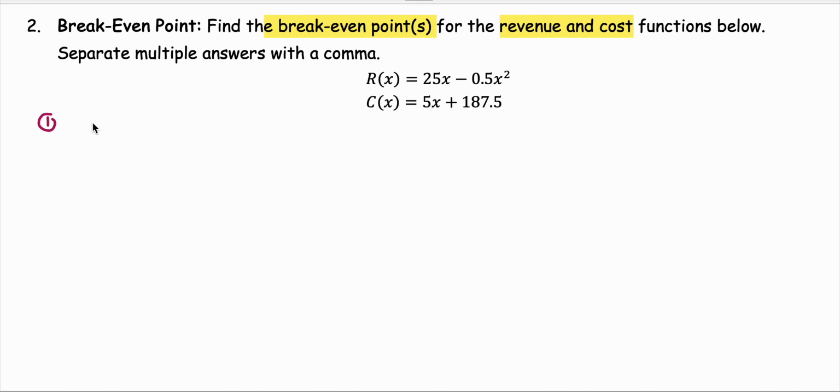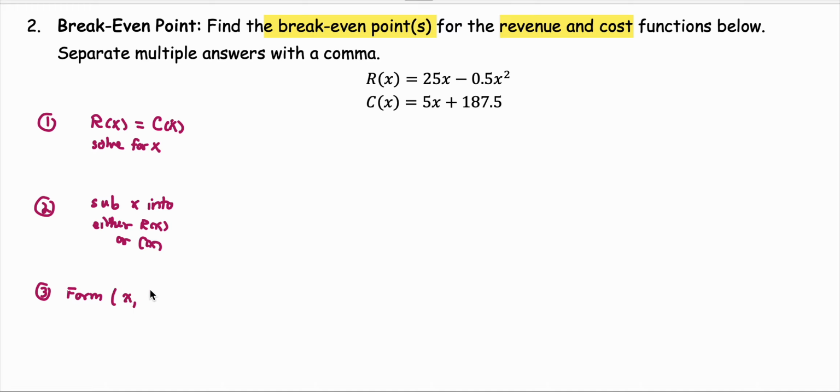Number one, we're going to solve for x by equating C and R, or the revenue equals the cost function. Then the second step, we're going to substitute the x into either R(x) or C(x), and the last step, we're going to form the coordinate, which is x comma y.